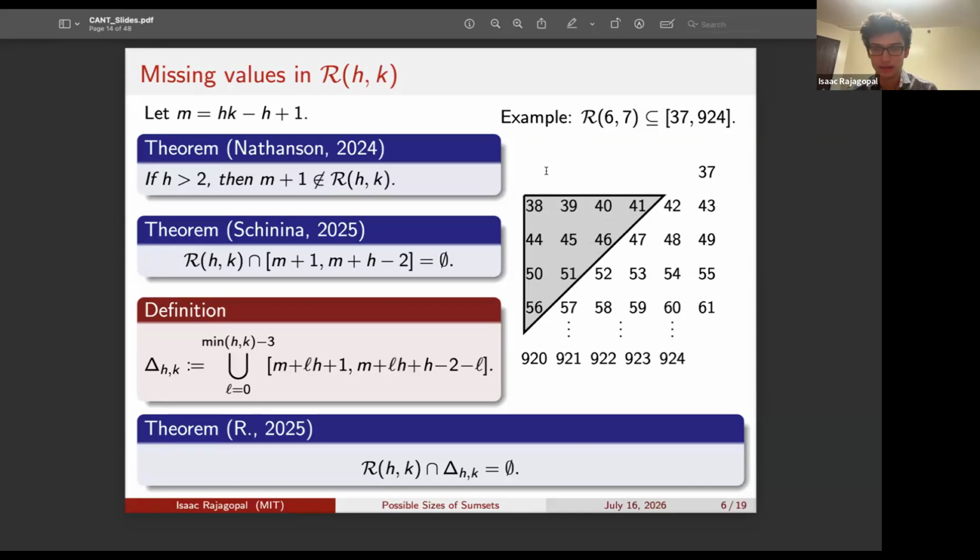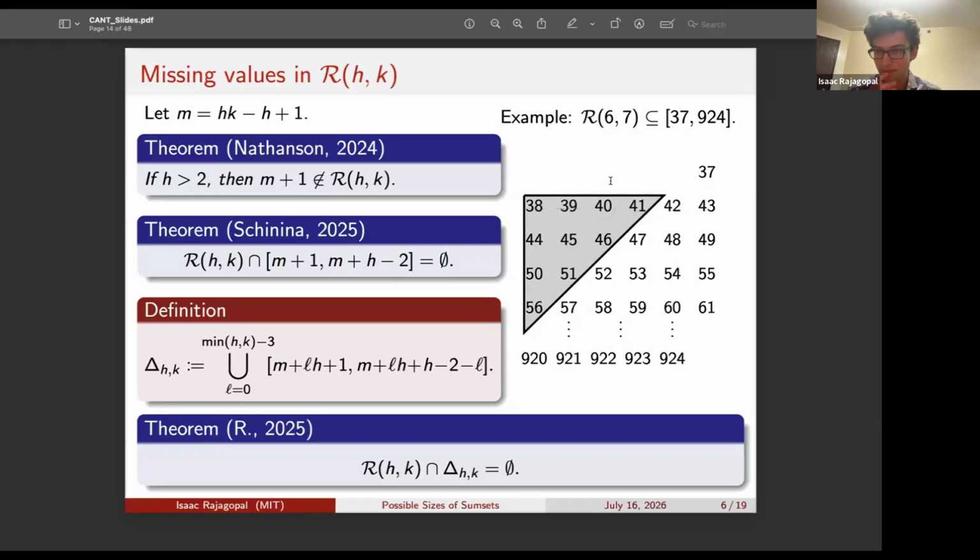Yeah, so I guess you might be thinking, it's nice to rule out these points, but who cares? We had 4 missing points before. Now we have 10 missing points, but there's still 900 possible sizes. And sorry, I call this triangle delta h,k because it forms a triangle.